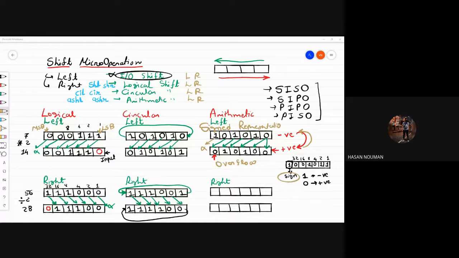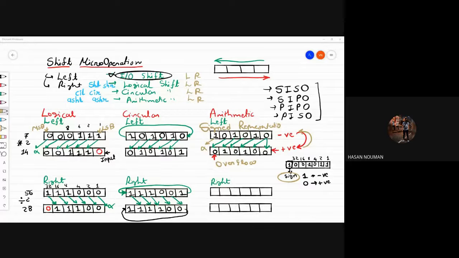Hello, sir. Yes. Sir, I didn't get the last idea. If we get the sign as 1, it's negative, not positive. Why did we get 0? Have you observed how the bits are shifted? Look at the green arrow. Yes, I get it.